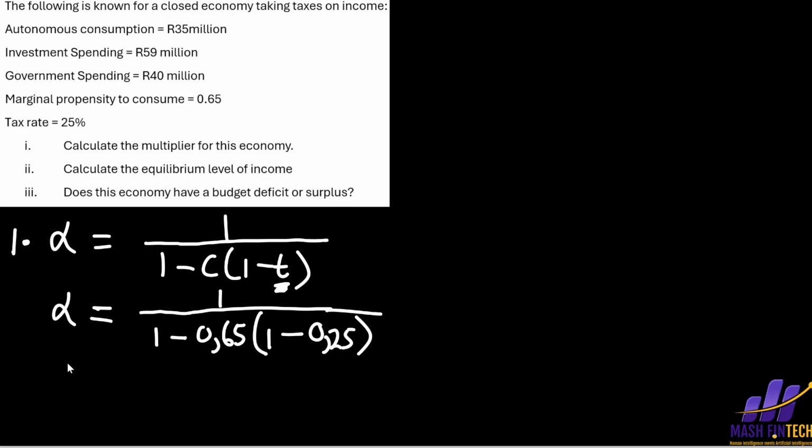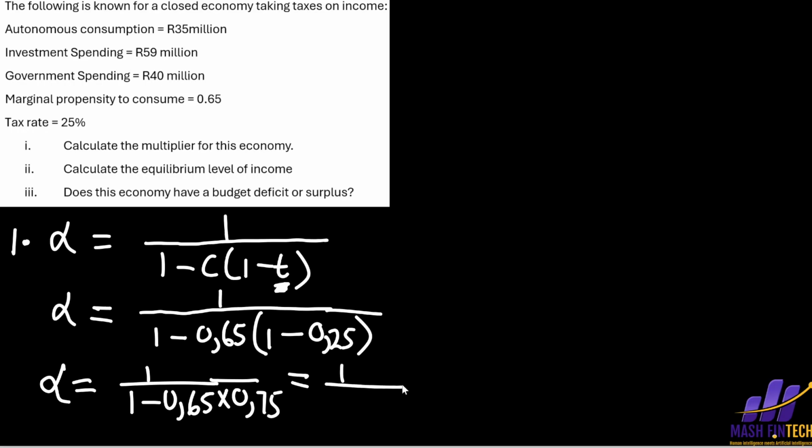So your multiplier is going to be 1 over 1 minus 0.65 multiplied by 0.75, which is equal to 1 divided by 1 minus 0.65 times 0.75, it's 0.4875, which means your multiplier is 1 over, so 1 minus 0.4875 is 0.5125.